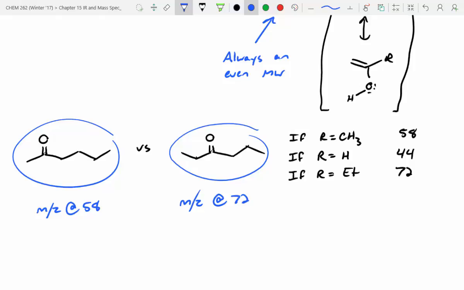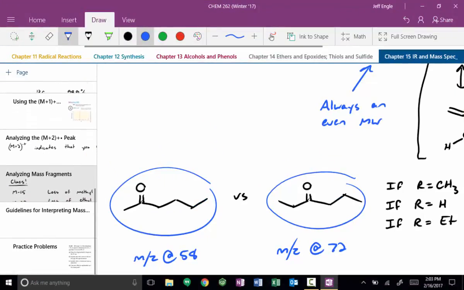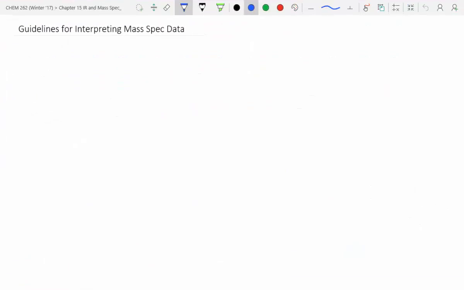All right, so let's get down to the guidelines for how we can interpret all of our data. First thing I always do is determine the molecular weight. How can I determine the molecular weight from mass spec?